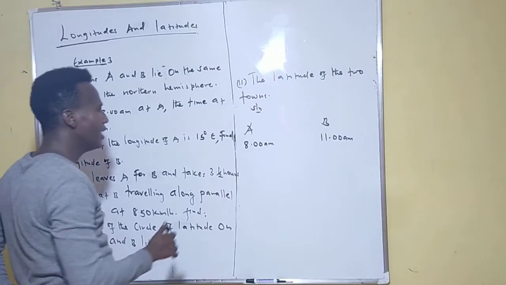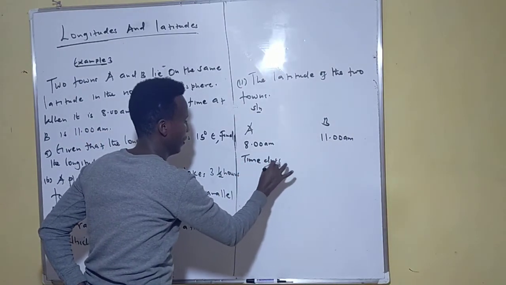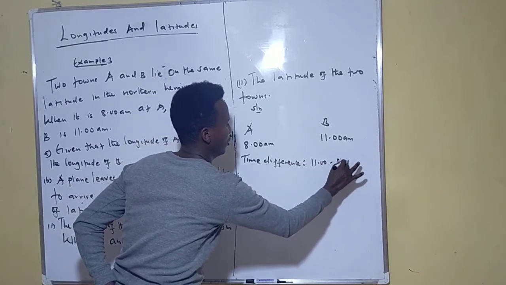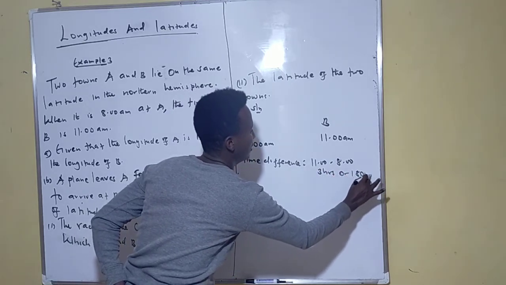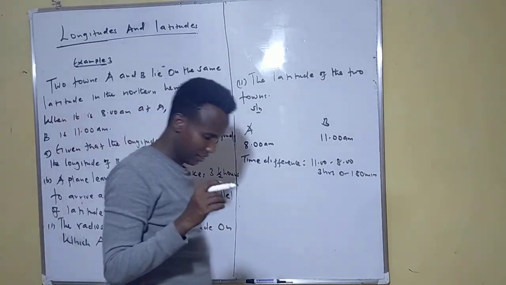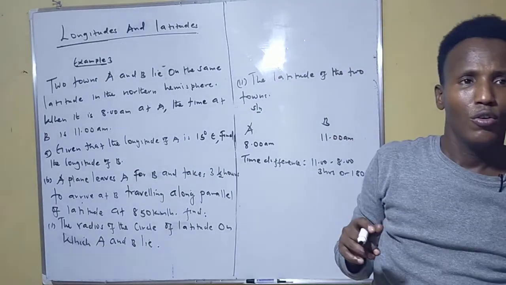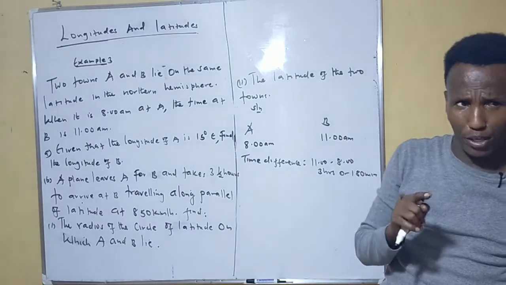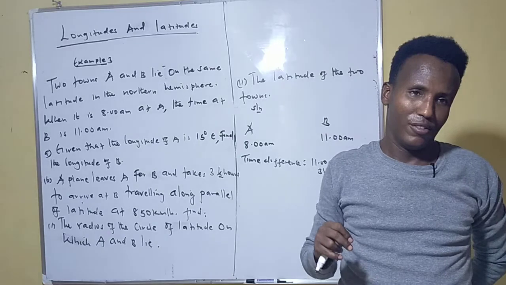Okay? Let's get the time difference. 11 minus 8, that is 3 hours or 180 minutes. Just understand that. But what you know is that for every 1 degree difference in longitude between 2 points on the globe, there is a 4-minute difference in local time.